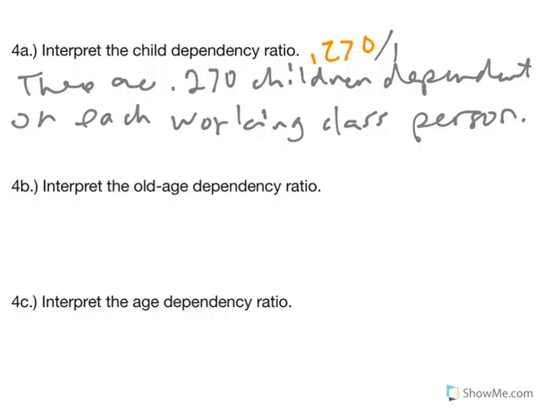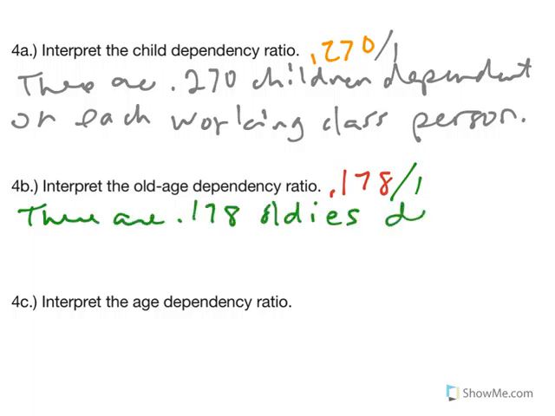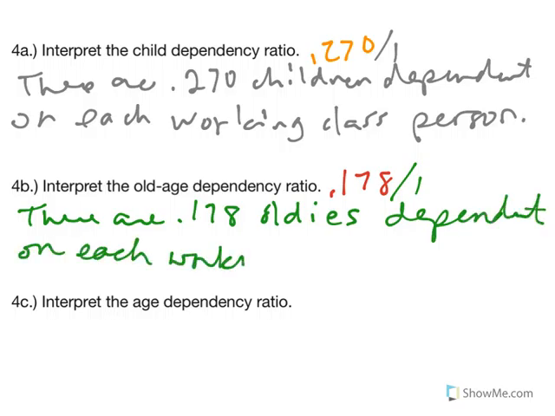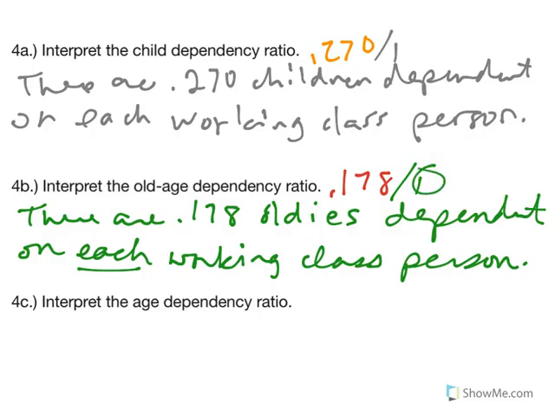Now the old age dependency ratio, our old age was 0.178. Again, make it a fraction by putting it over 1. So there are 0.178 oldies dependent on each working class person. And I say on each because you'll notice the denominator is 1, because to make any number a fraction, we can just put it over 1.